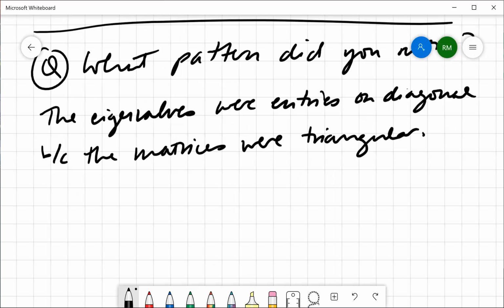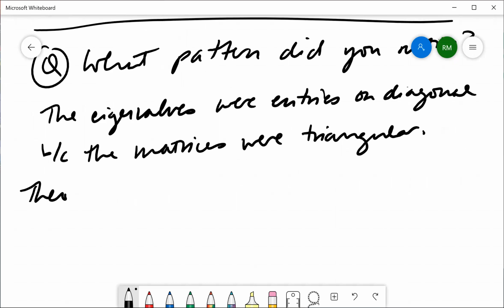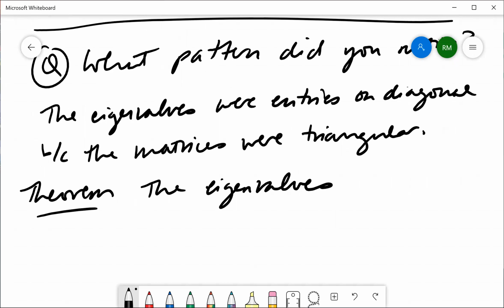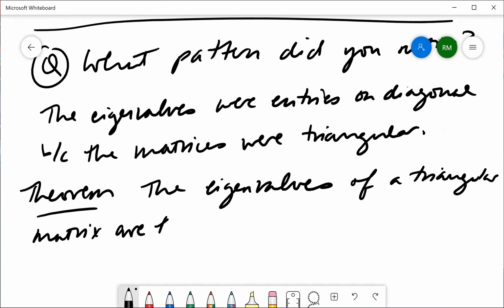And that's actually a theorem. The eigenvalues of a triangular matrix are the entries on its main diagonal.